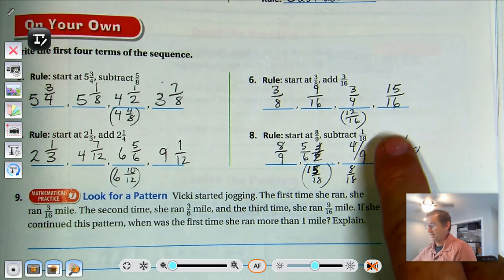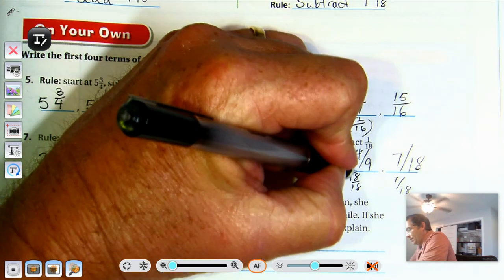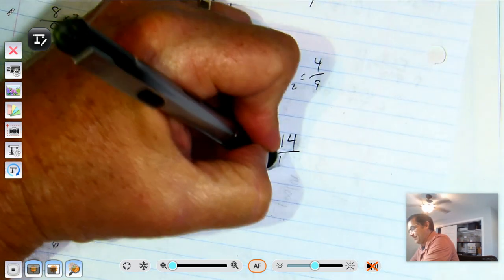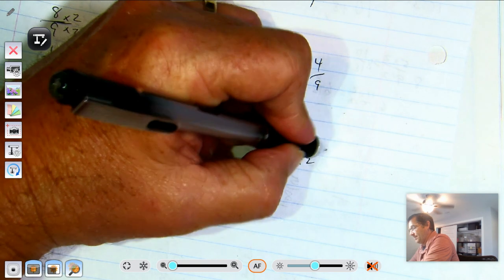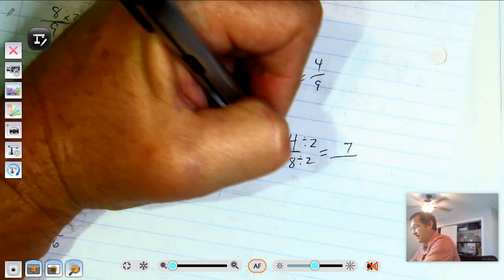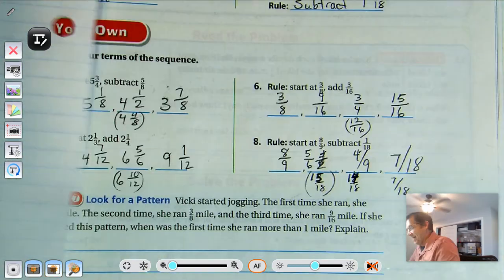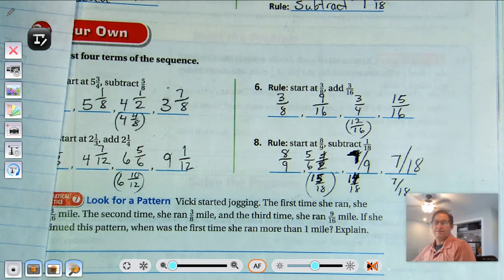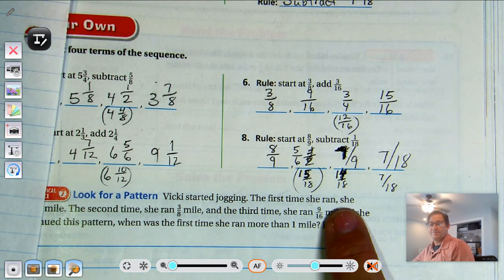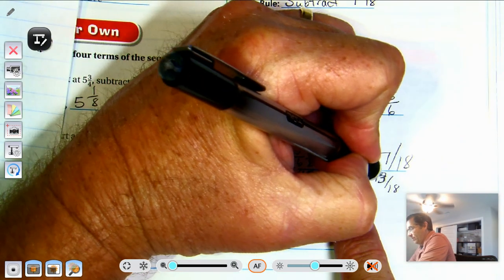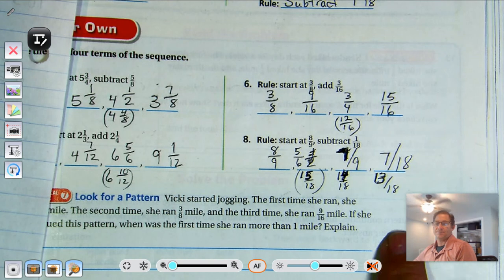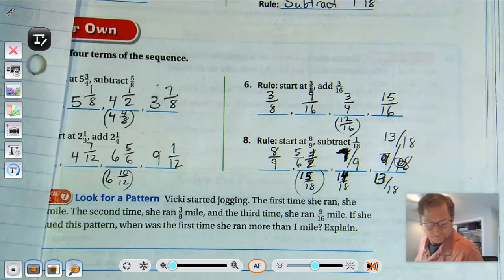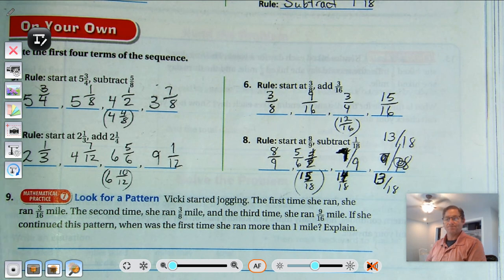Now, 15/18, take away 1/18 is 14/18. 14/18 I can divide by 2 because they're both even numbers. 14 divided by 2 is 7, and 18 divided by 2 is 9. 7/9. Okay, 7/9. And if I take 1/18 away from 14/18, I'd wind up with 13/18. All right, I'm happier with those numbers.